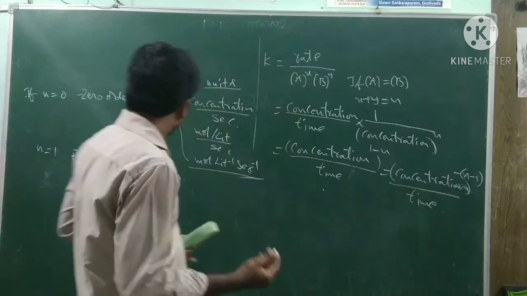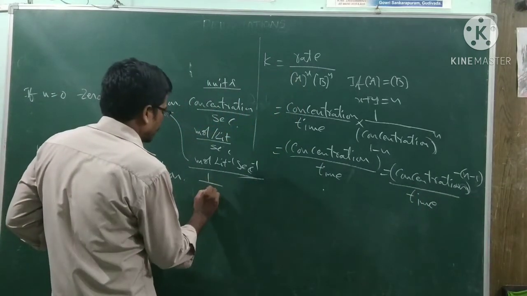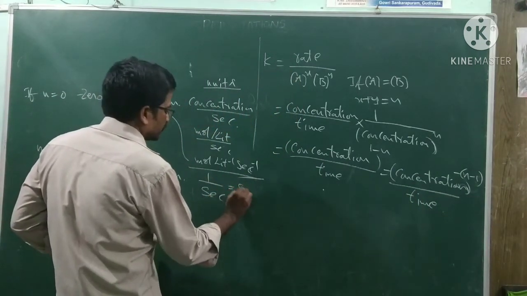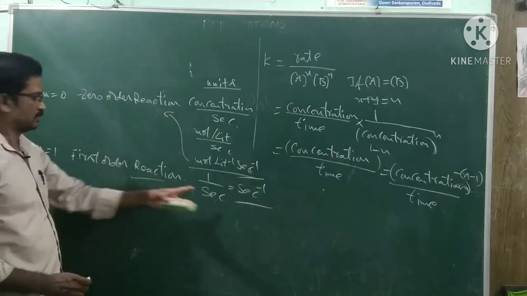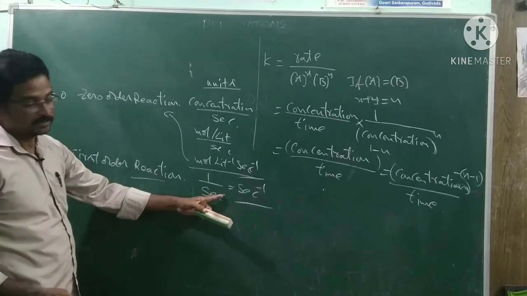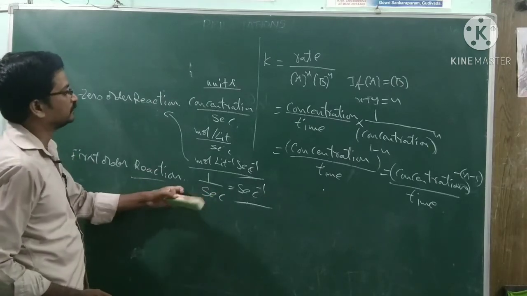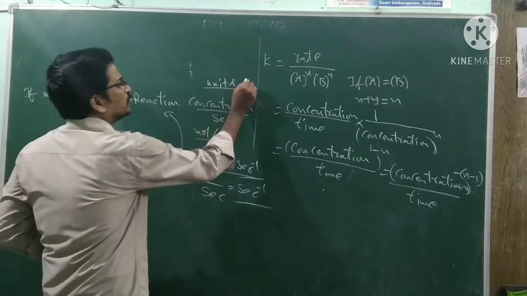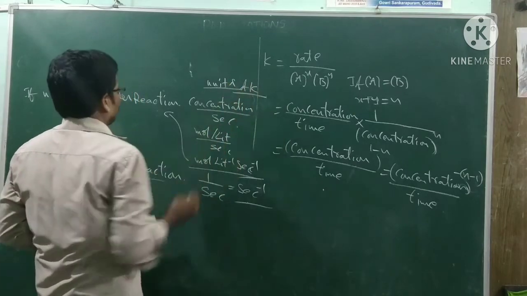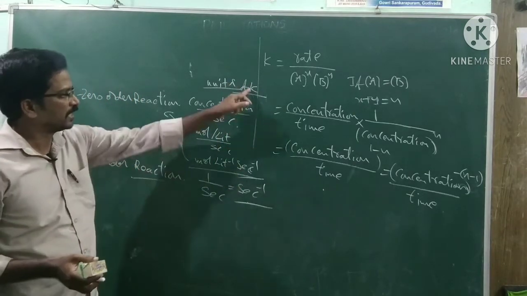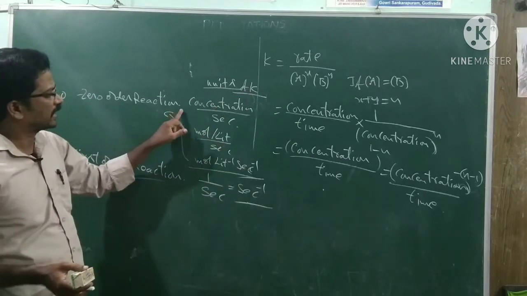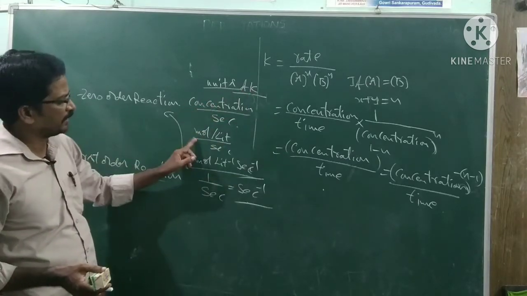So 1 by time, 1 by second means second inverse for first order reaction. These are the units of k for first order reaction.